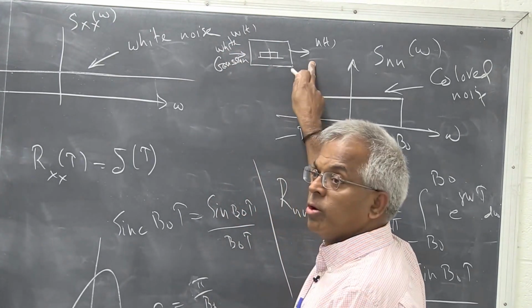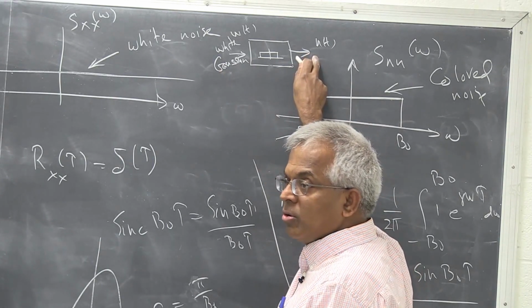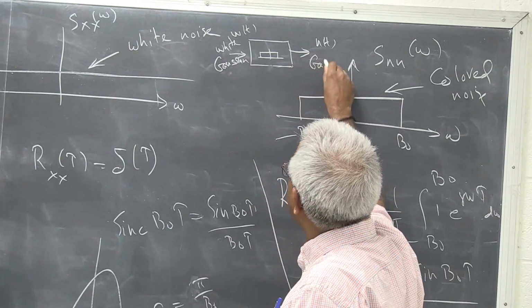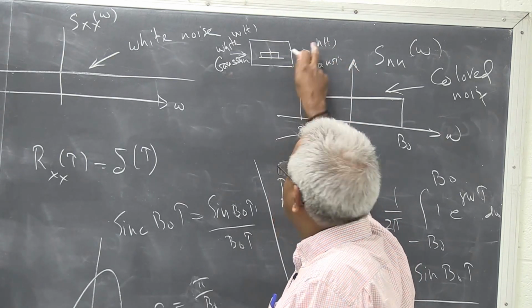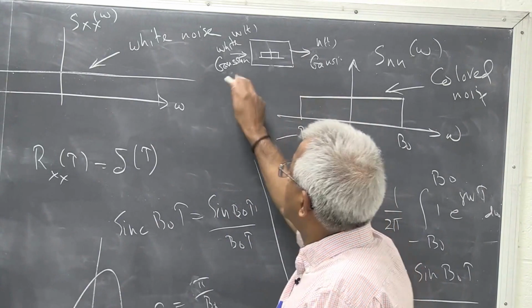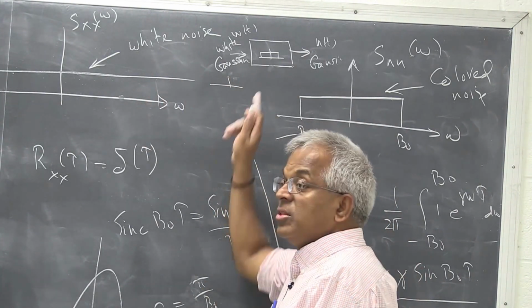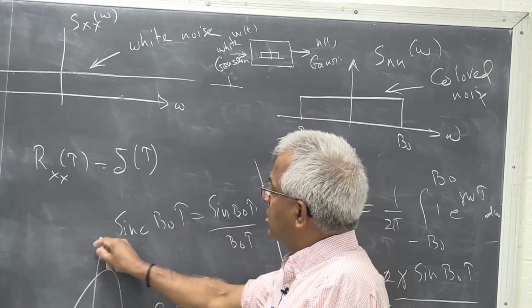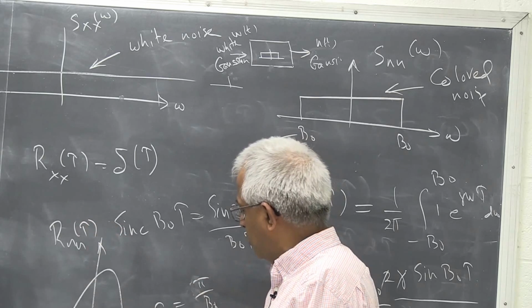So the output will be what? If you put in Gaussian, what happens to the output? Also Gaussian, right? So this is a colored Gaussian, right? The power spectrum will look like this, because this power spectrum is like this. This is the power spectrum, and this is Rnn, the autocorrelation function of the output.